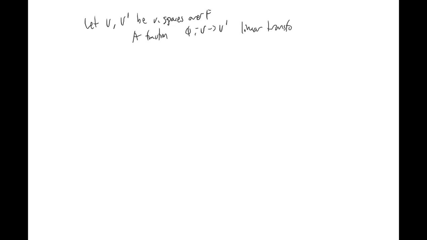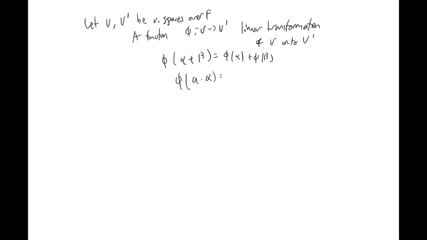Think of them as matrices from V onto V prime. Linear transformations satisfy phi of alpha plus beta equals phi of alpha plus phi of beta. It's sort of like a homomorphism, except for the multiplication part. There isn't really a multiplication part because you can only multiply scalars with elements in V, so phi of a times alpha equals a times phi of alpha.